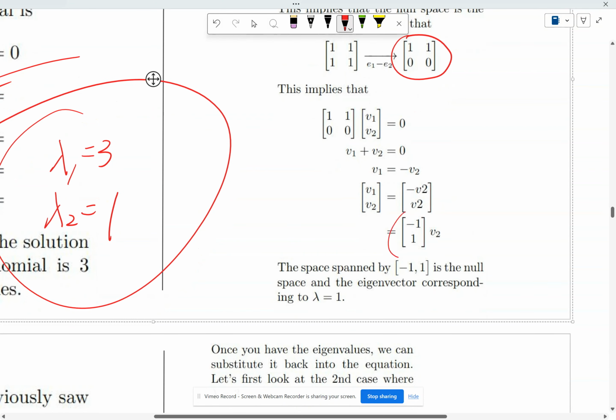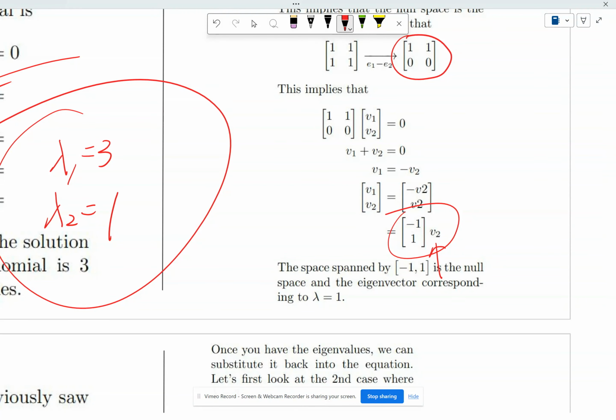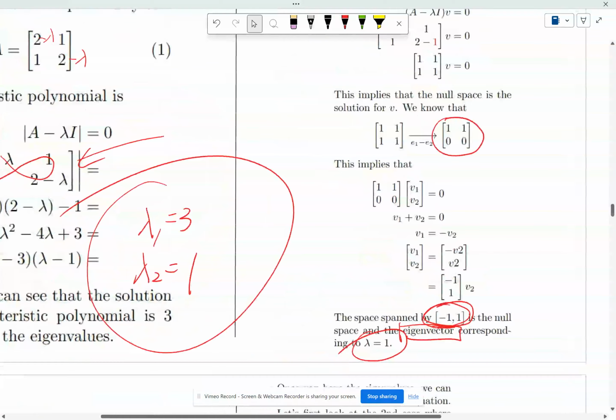After this, it's essentially -1, 1 times v2. So this space is then the null space. And therefore, this is the eigenvector corresponding to 1. So what it's saying, this is the eigenvector.